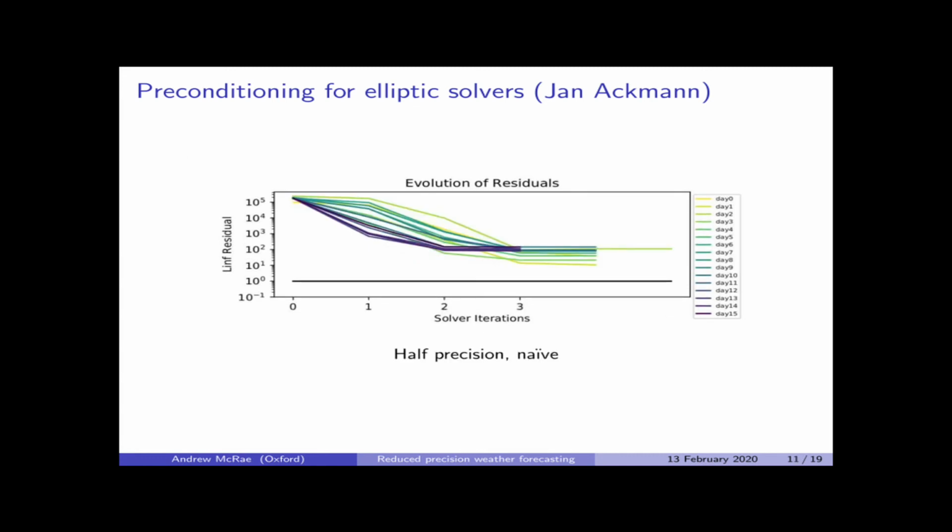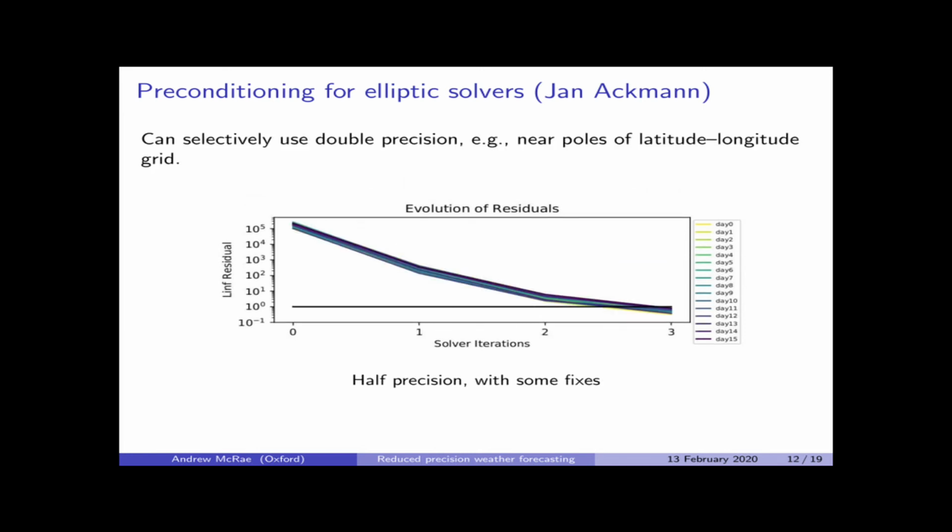If you just take this down to half precision naively, then it starts to stagnate, and you're no longer getting this good convergence. However, if you add in some fixes, in particular he's using this nasty latitude-longitude grid where all of your grid points get really near each other as you go to the poles. So if you do some fixes like the points near the poles, you do those in double precision, everything else you do at half precision, then he recovers the original performance again.